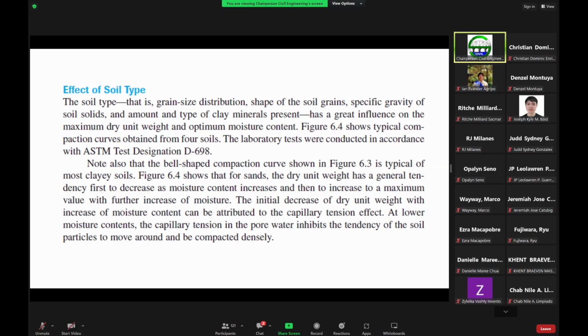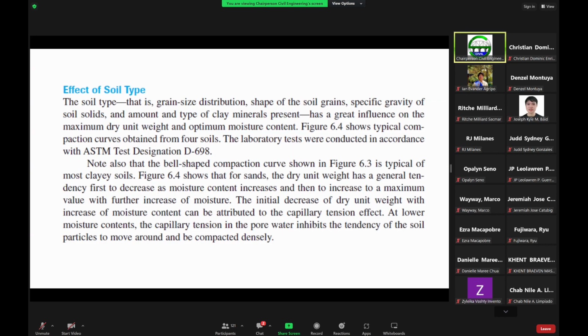So when there is not enough moisture for a particular soil material, you cannot achieve the maximum dry unit weight or the maximum density that you desire.